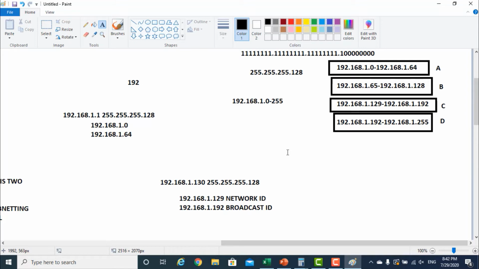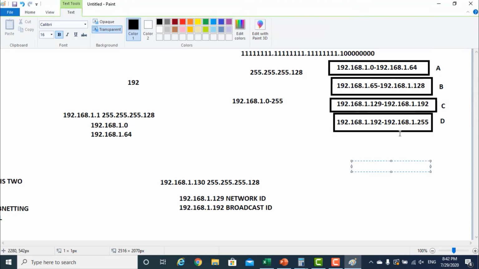They know that with the FLSM technique, the first range always starts from 192.168.1.0 to 192.168.1.64.